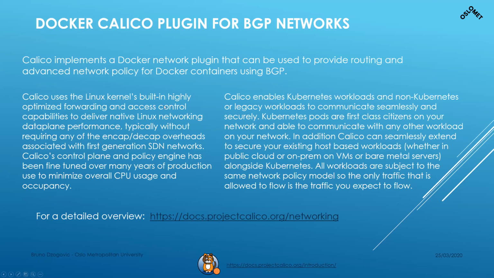Now, Calico is a BGP network plugin for Docker. So why BGP? Not because it's awesome or because it sounds like something crazy, but because BGP allows you to route between autonomous systems.